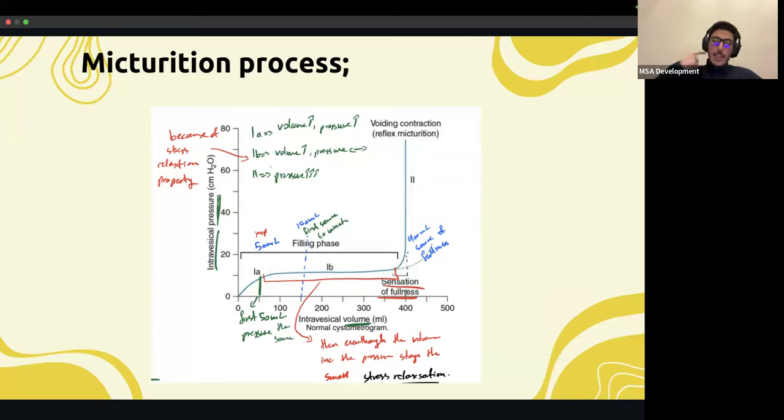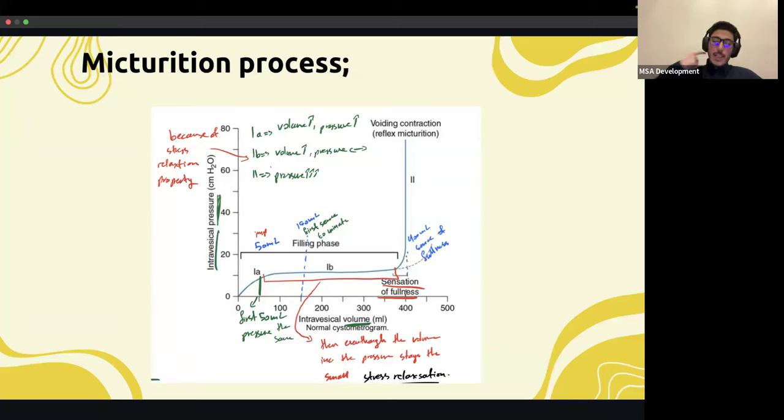Moving forward to the cystometrogram. The cystometrogram is another device that's used in the clinic. It involves a double-headed catheter that contains two lumens, one responsible for filling fluid within the bladder, and the other for measuring the pressure and volume within the bladder.